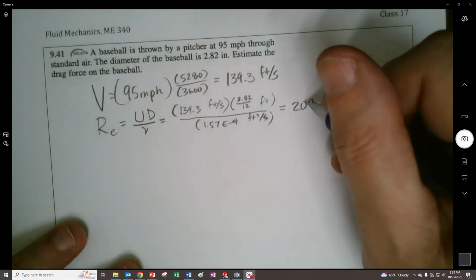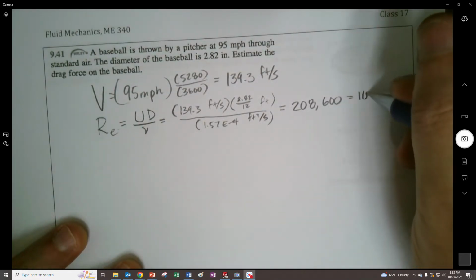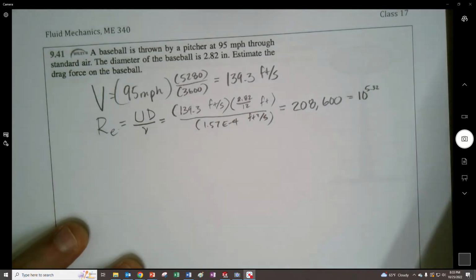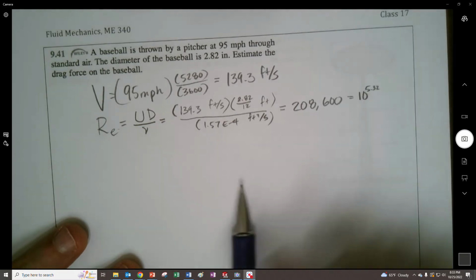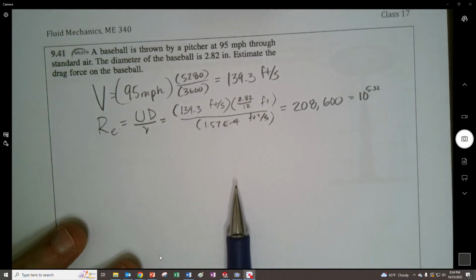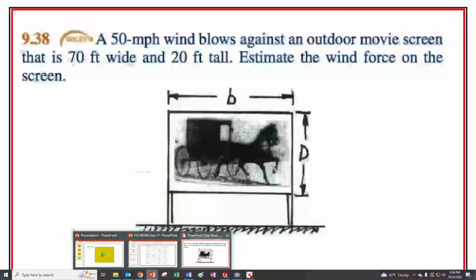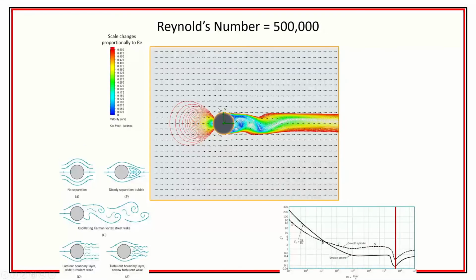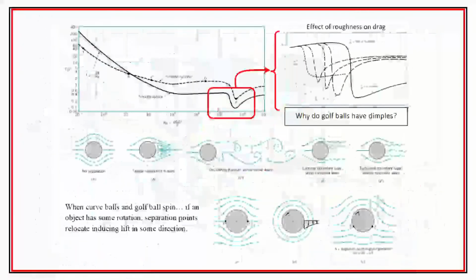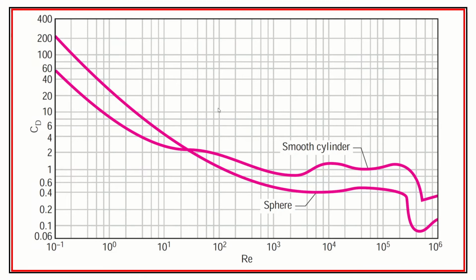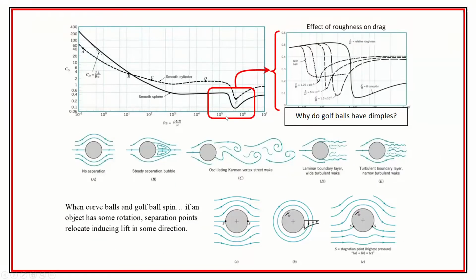What's good is to take the log of this, and we're going to find that's going to be 10 raised to the 5.32. That's useful when we're doing a log-log scale, because we can now go back into here and look at the chart.